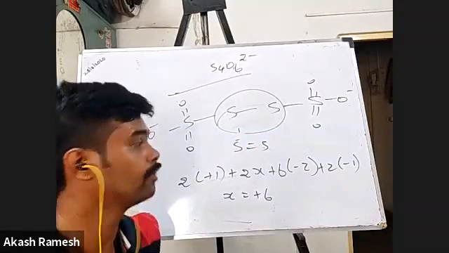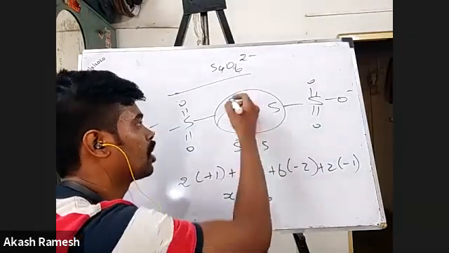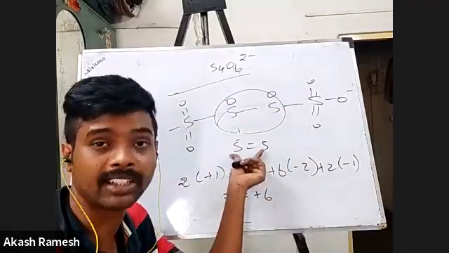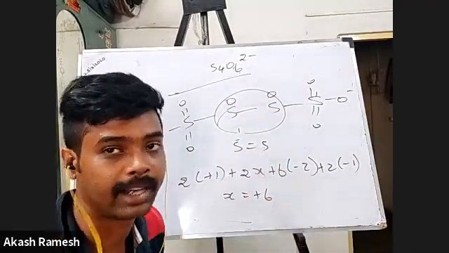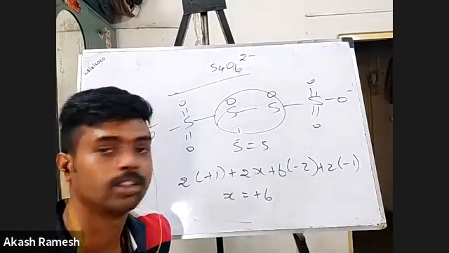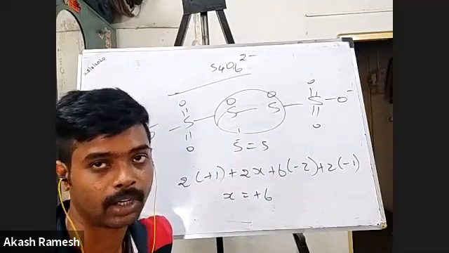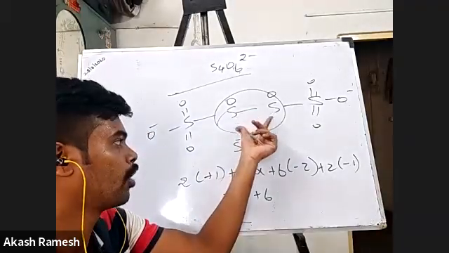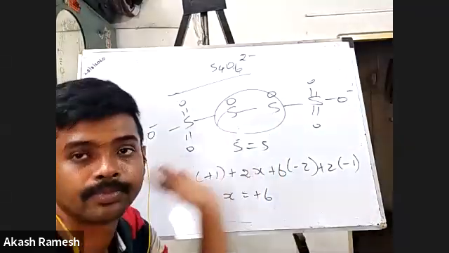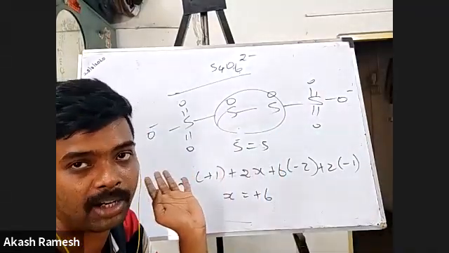So obviously I know for these 2 sulfur atoms, the oxidation number is 0 because I will be able to regard them as S double bond S, and S double bond S is the free state for sulfur, right? So it is going to have 0. So for these 2 sulfur atoms alone, I'm going to have 0, and for the other 2, there's going to be some oxidation number.